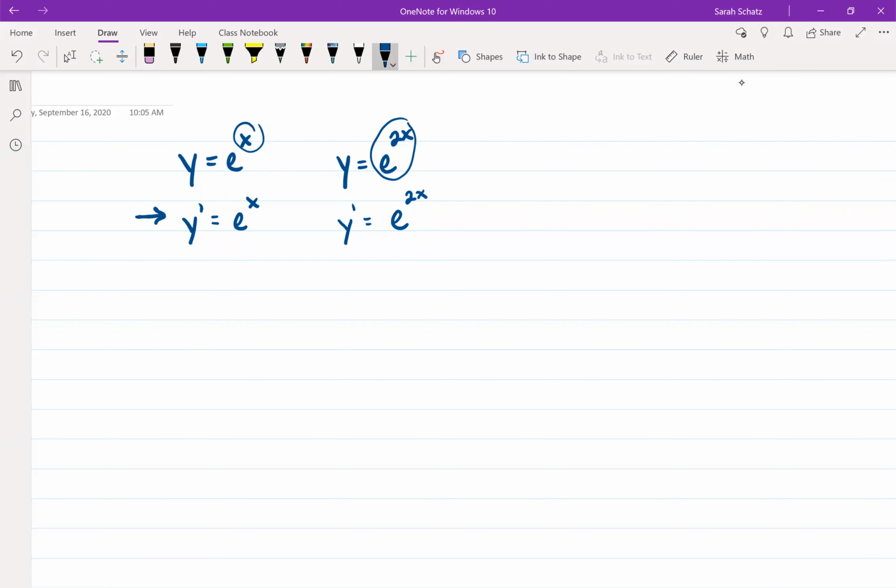But the chain rule shows up everywhere. When we think we want to forget it, we can't, because we keep having to use it, right? Because this is not just x, because it is 2x, I have to take the derivative of this now, and use the chain rule and stick it on the end.